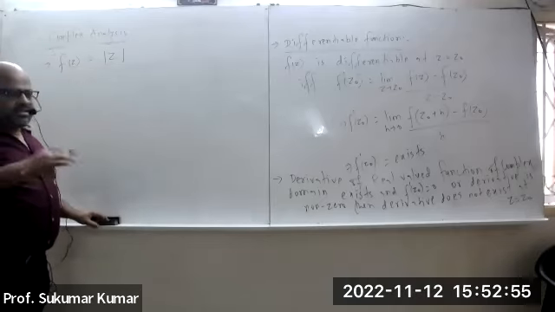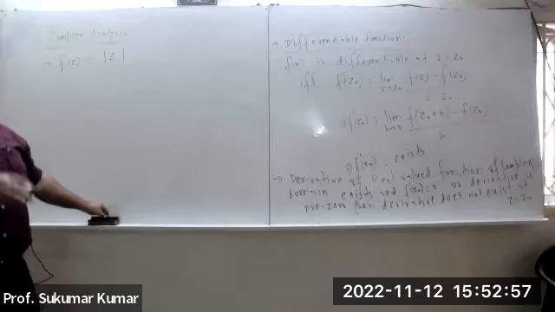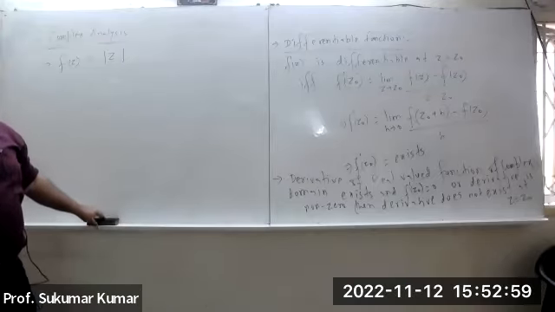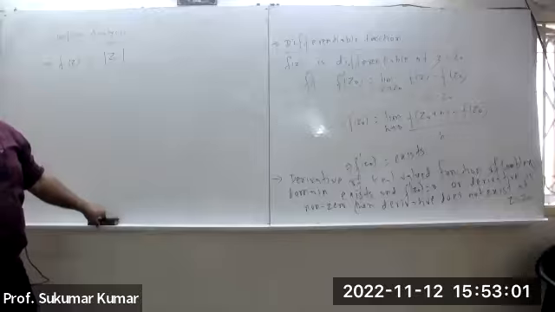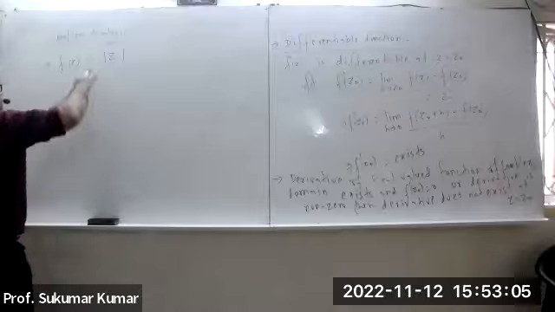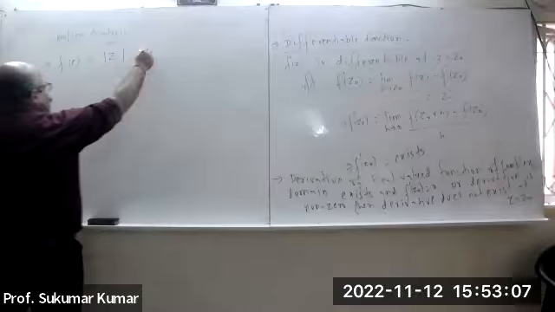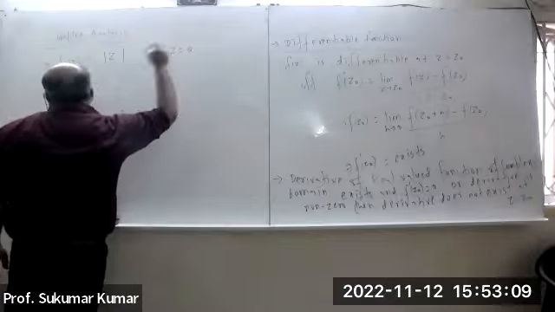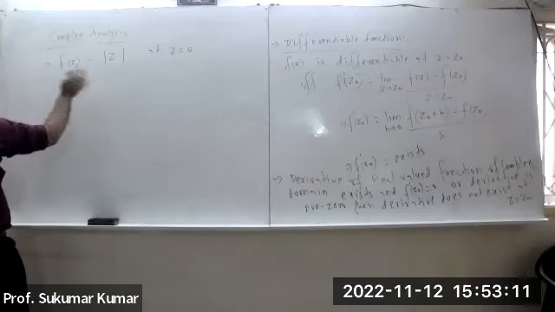You will also see real valued function of real domain, and complex valued function of complex domain. We will check whether this function is differentiable at z equal to 0. You can check every point like this.